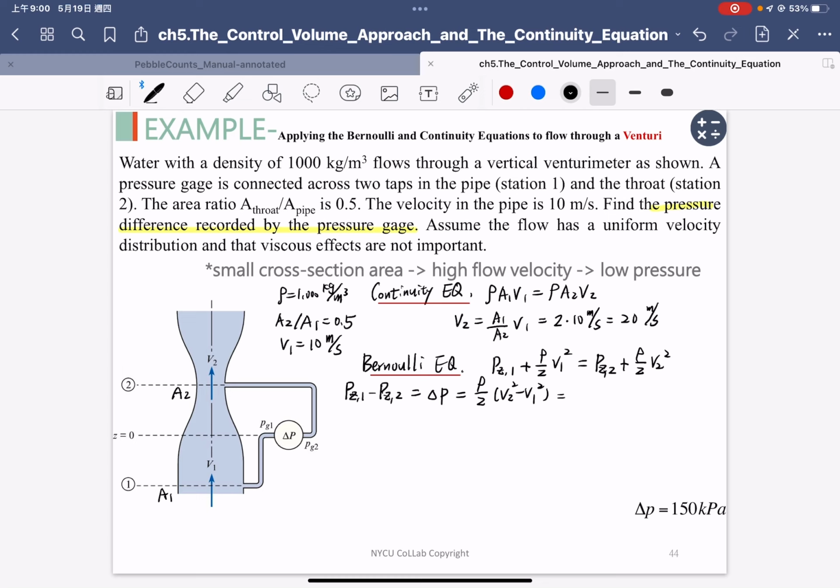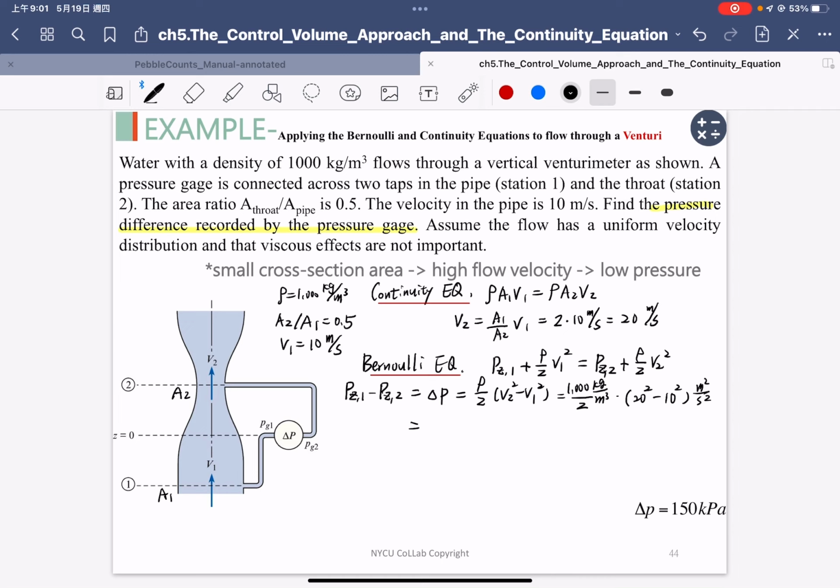Then we know that the density here is 1000 kilograms per cubic meter, and the velocities are 20 squared minus 10 squared, in meters squared per second squared.